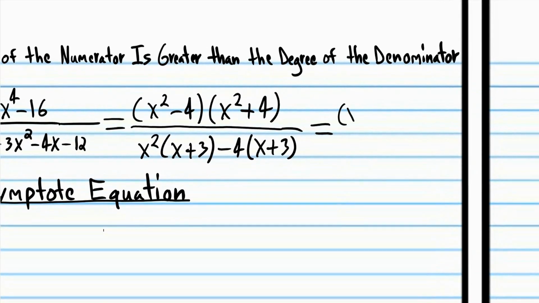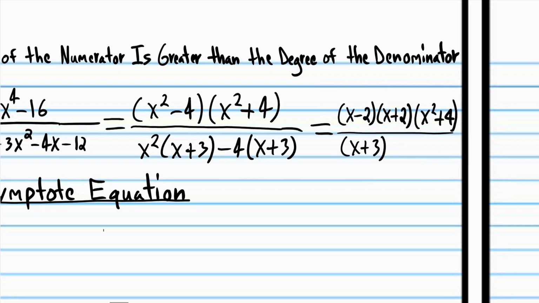So then we have x minus 2 times x plus 2 times x squared plus 4. And I'm going to factor out x plus 3 of these two terms, the green and the blue terms. They both have an x plus 3 factor. So I'm going to factor that out, and then we're left with x squared minus 4.